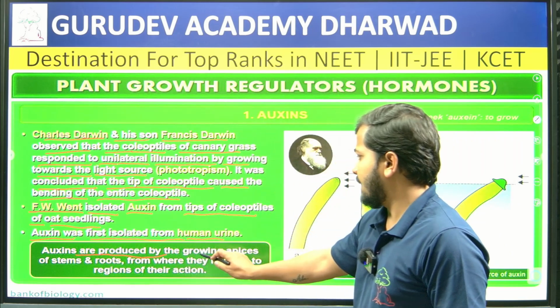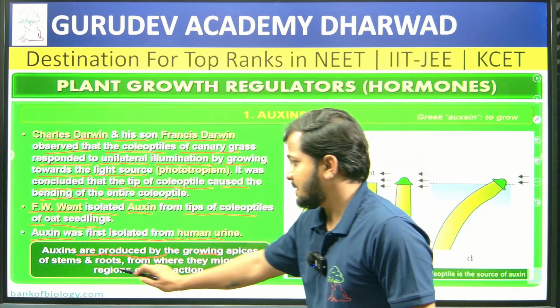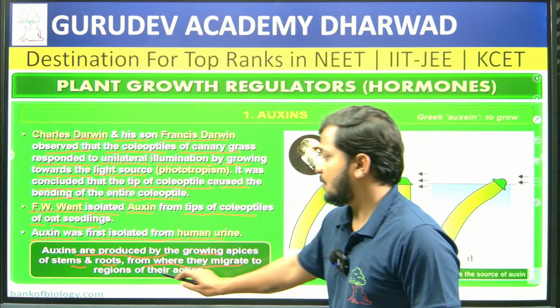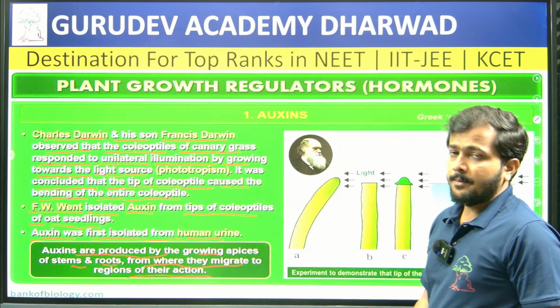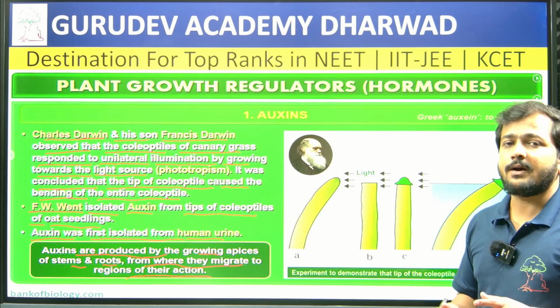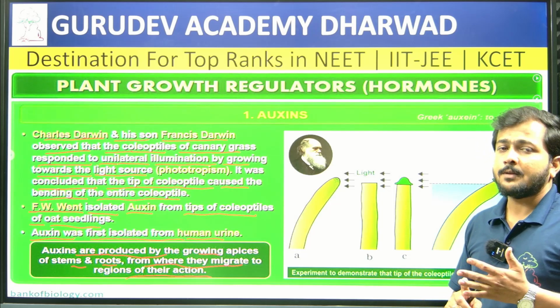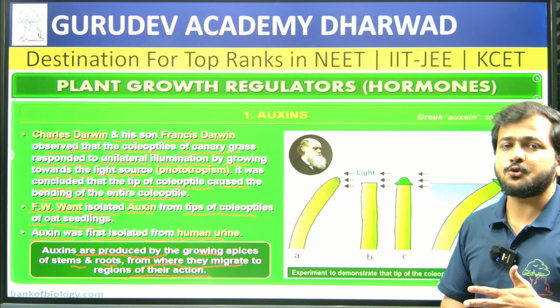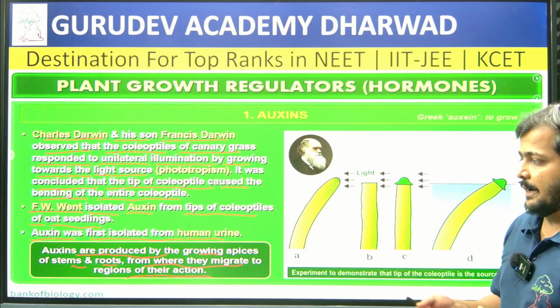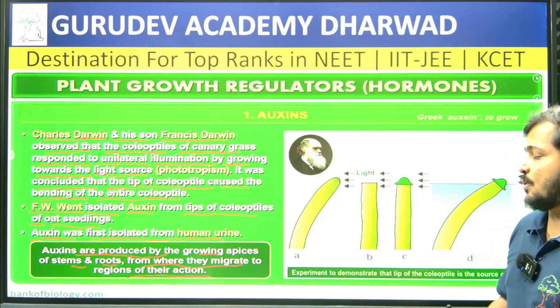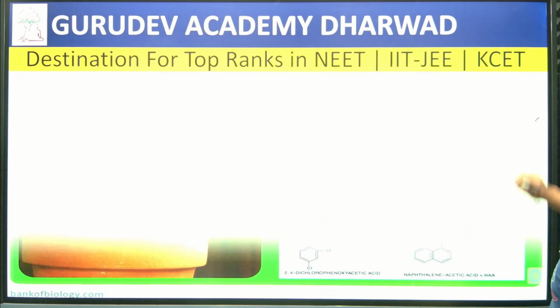Auxins are produced by the growing apices, mainly of stems and roots, from where they migrate to the regions of their action. Majorly you can find auxin in the apical meristem, the apical root meristem and apical shoot meristem at the tip. Whenever an action is required, it moves towards that region.